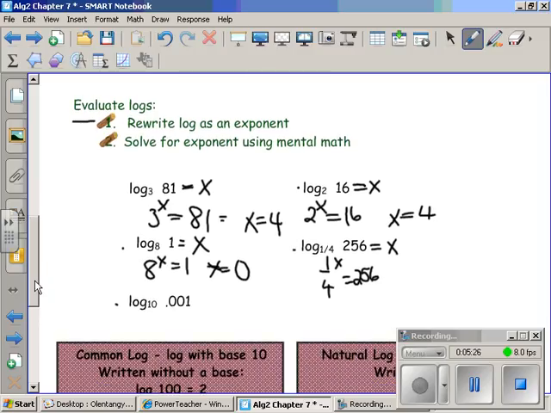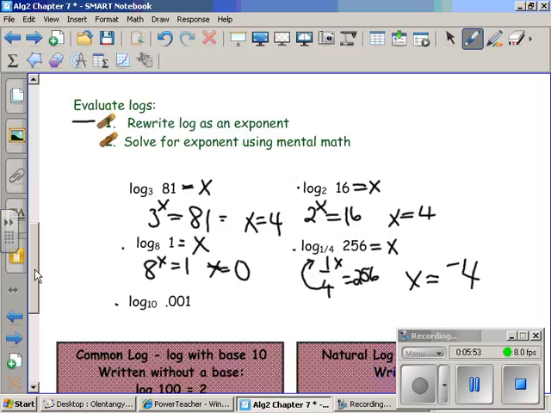So 1/4 to the x, I'm not sure what x is going to be yet, but I know it's going to be negative because that's the only way to get from the bottom of a fraction to the top. And then I ask myself, how many times can I multiply 4 to get 256? Well, that would be 4 times. So the answer would be negative 4, all right?